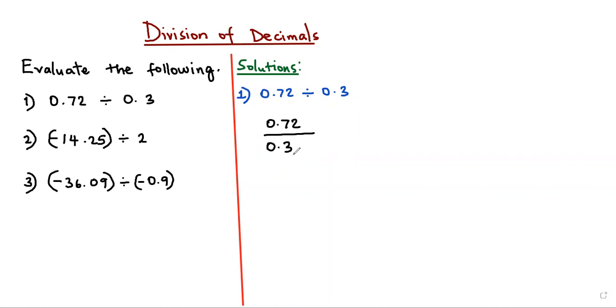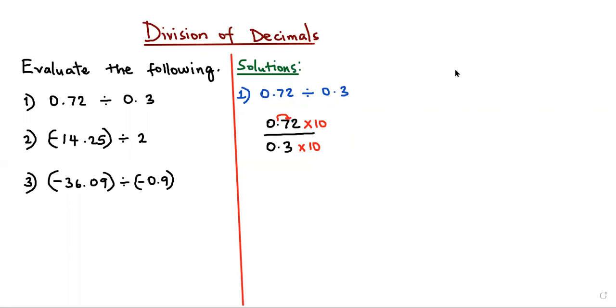So 0.3, in order to become a whole number, we are going to multiply it by 10. You see, it has got 1 decimal place. So when it has got 1 decimal place and we multiply it by 10, it will now become 3. But when we multiply by 10 here, we must also multiply by 10. So when we multiply 0.72 by 10, this decimal point will jump 1 digit and it comes here.